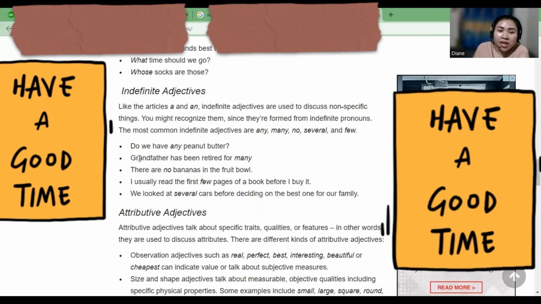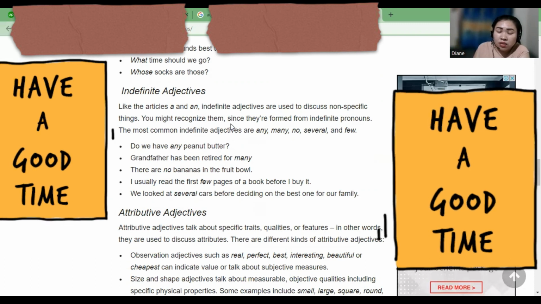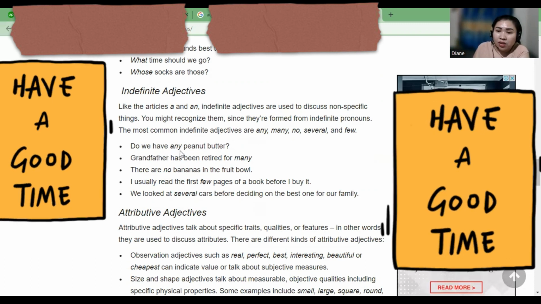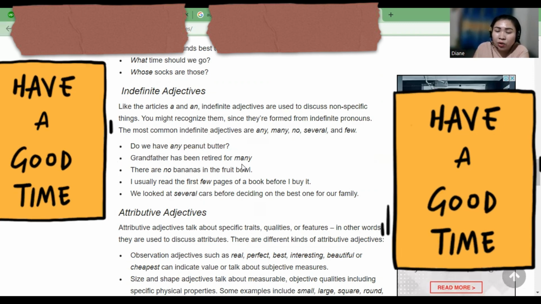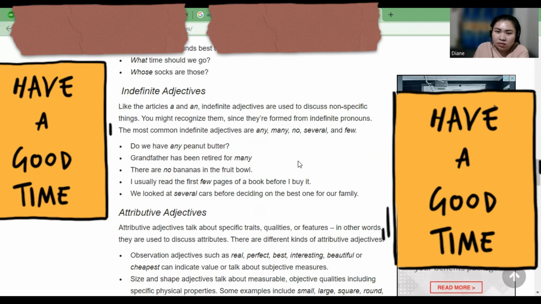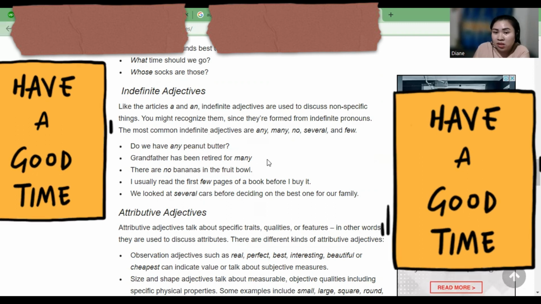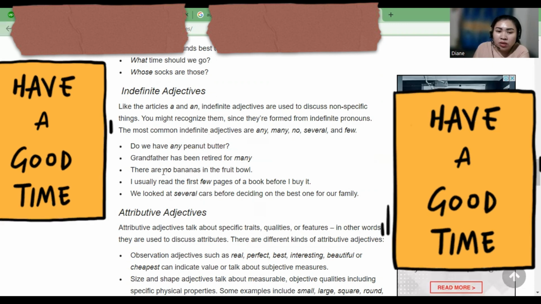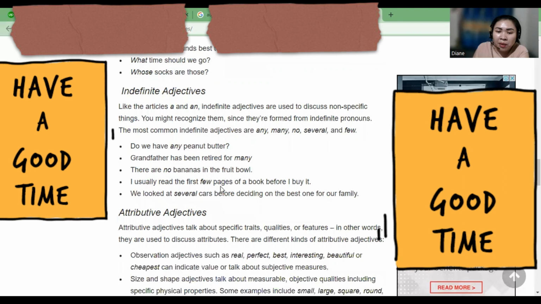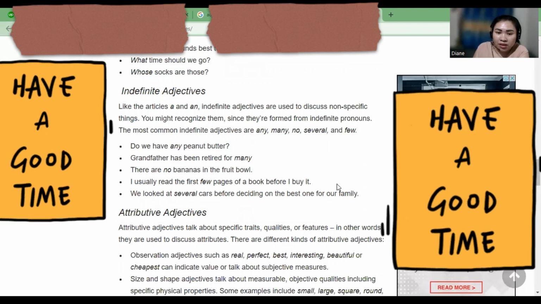Example here: do we have any peanut butter? Any, not specific. Grandfather has been retired for many. Many what? Not specific. There are no bananas in the fruit bowl. No. I usually read the first few pages of the book before I buy it.